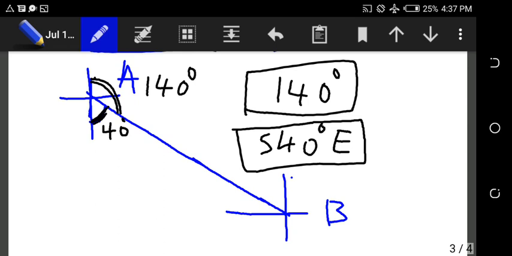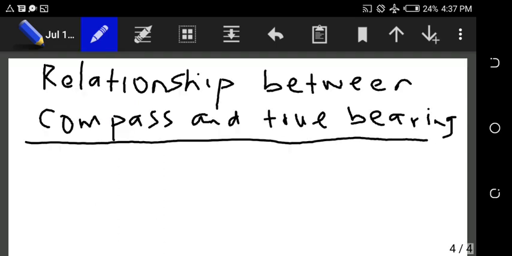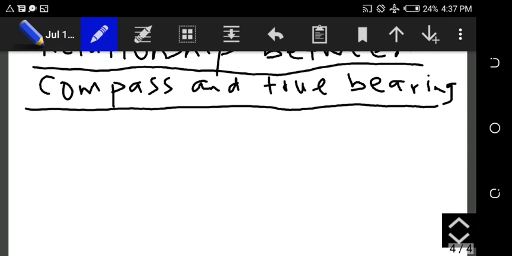That will lead us to the next thing that we want to look at, the relationship between the true bearing and the compass bearing, and how we can easily switch those bearings.